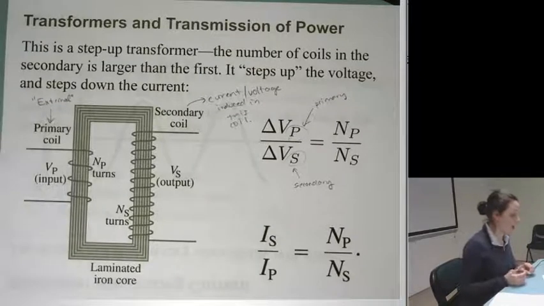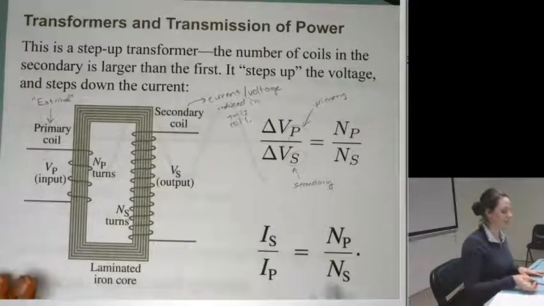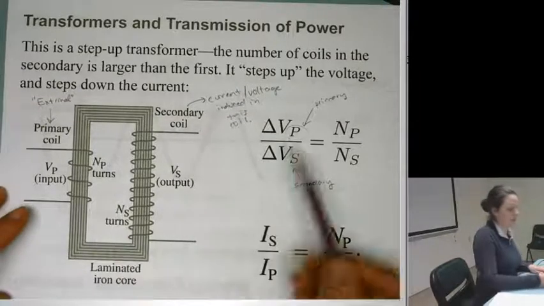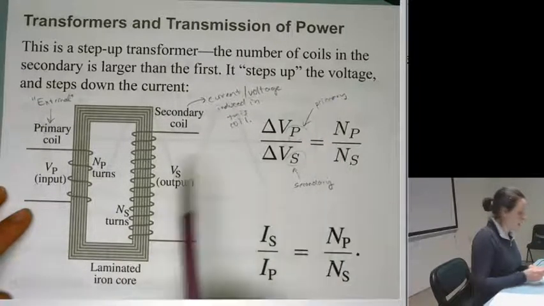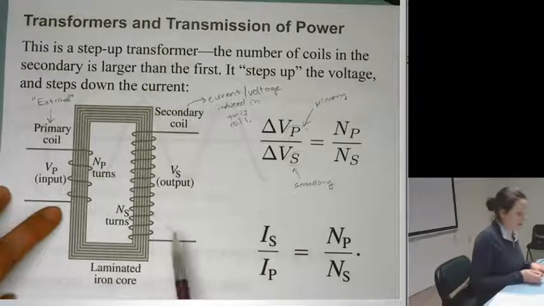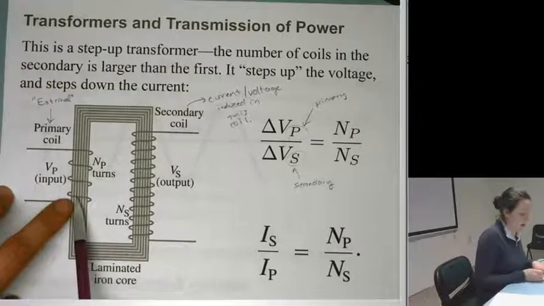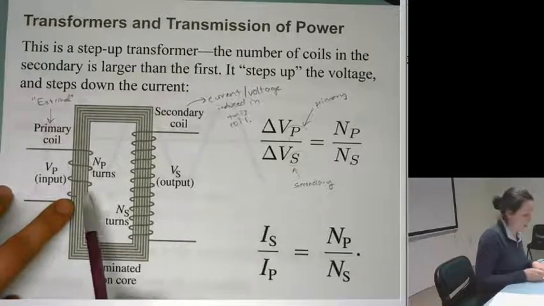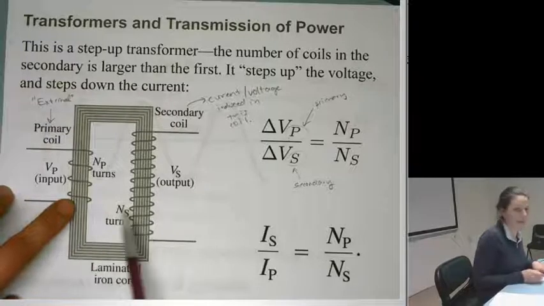Okay, so this coil will step up the voltage. This is a step-up transformer, and the reason we call it a step-up transformer is that from the primary to the secondary, we have increased the number of loops. And in increasing the number of loops, we have stepped up the voltage.